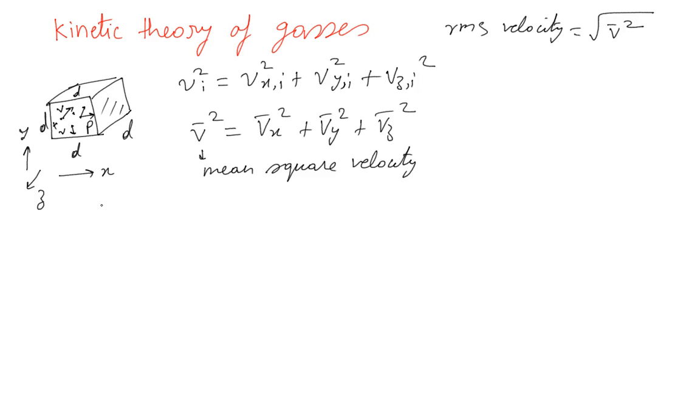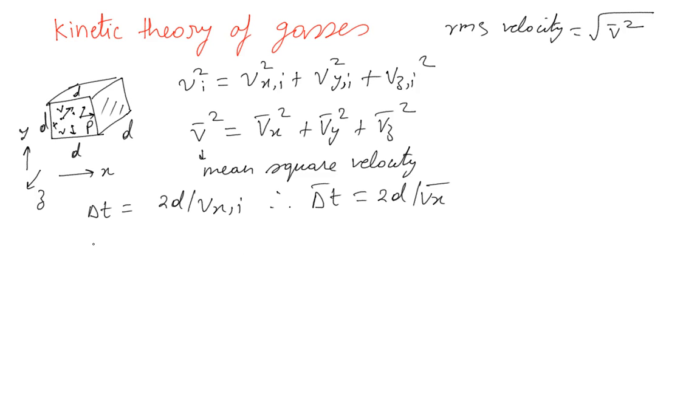So the time it takes to go from here to the wall and from the wall back is delta t equals 2d divided by vx. We know that this is going to happen many times. It'll come back again, hit again, and you can average this over some average time. Delta t is going to be 2d over vx.